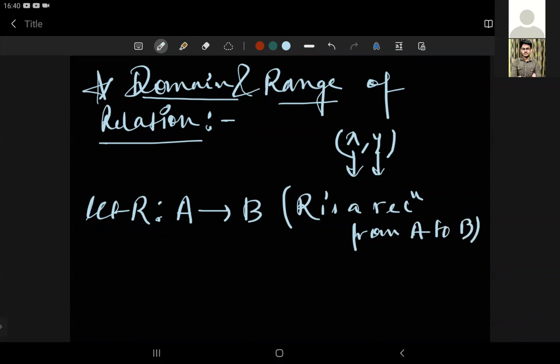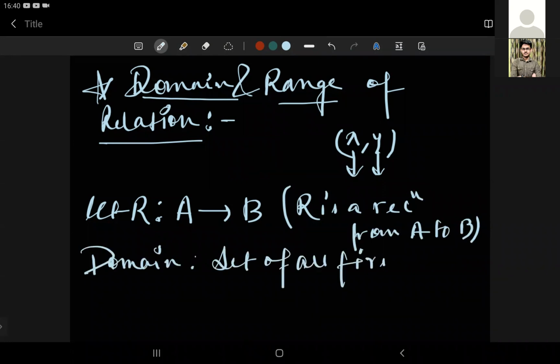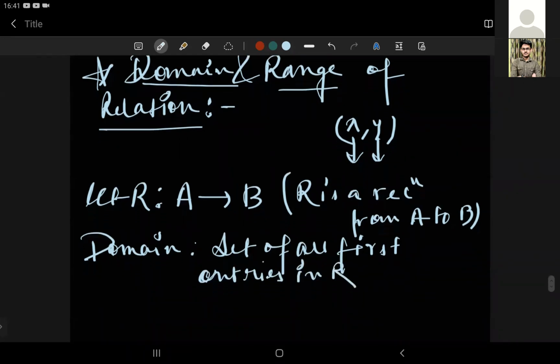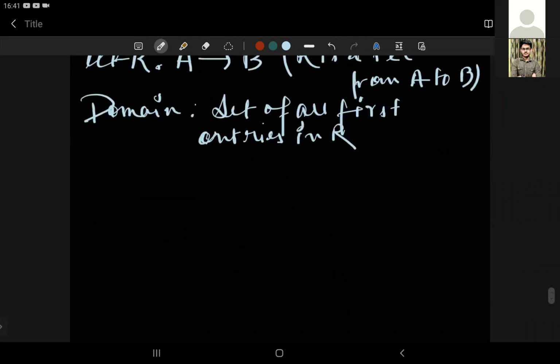Then you can define domain as the set of all first entries in R. What does it mean by first entries?